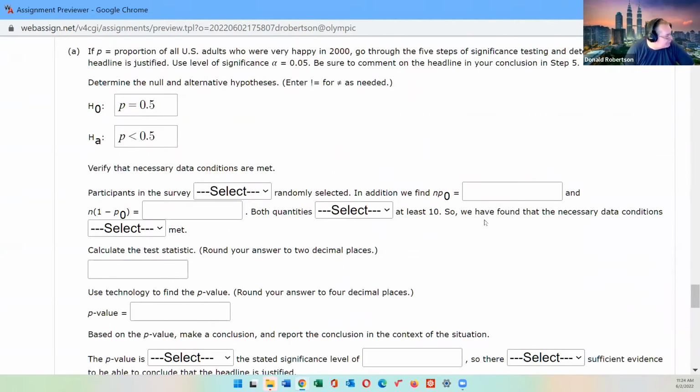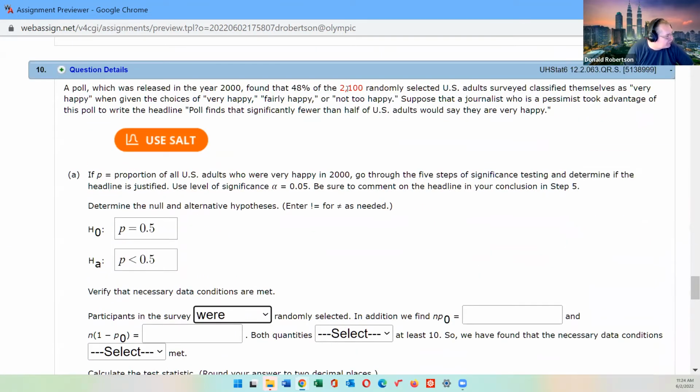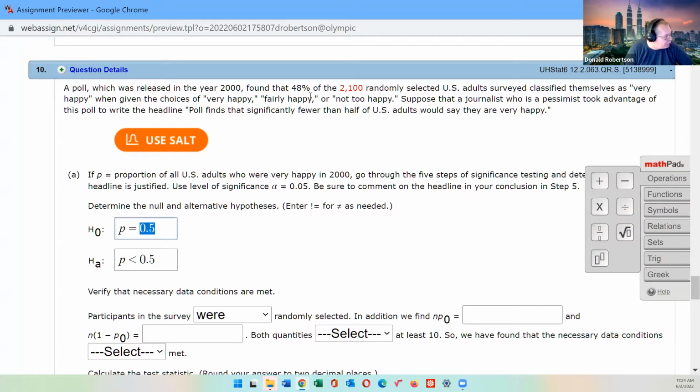Now let's go through the various tests. Participants in this survey were randomly selected. Agreed. In addition, n p0 and n(1 minus p0). Basically, if you take that sample and multiply it by this fella here, you will get 1,050.